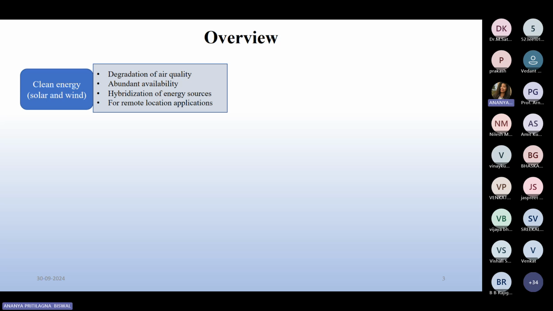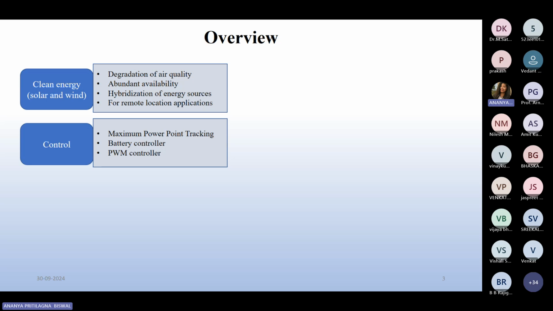But there is an issue of intermittency, like solar, whether it is sunny or rainy. So we can't rely completely upon a single source, that is solar, or any other source like wind, where the wind speed may or may not be available. So we go for hybridization of the renewable energy sources. These are basically application oriented for remote area locations.